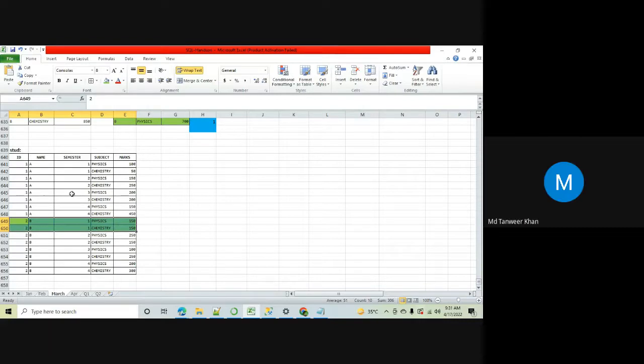Do you have any record in A? No. Correct. So the question is to find the student name and the semester name so that in that particular semester the marks obtained in physics and chemistry are the same.